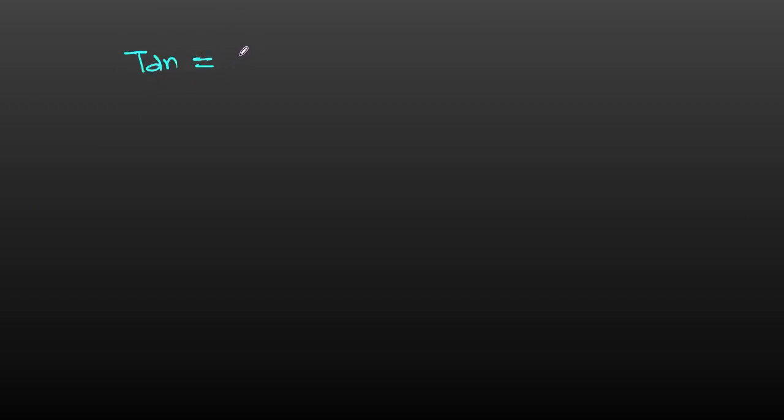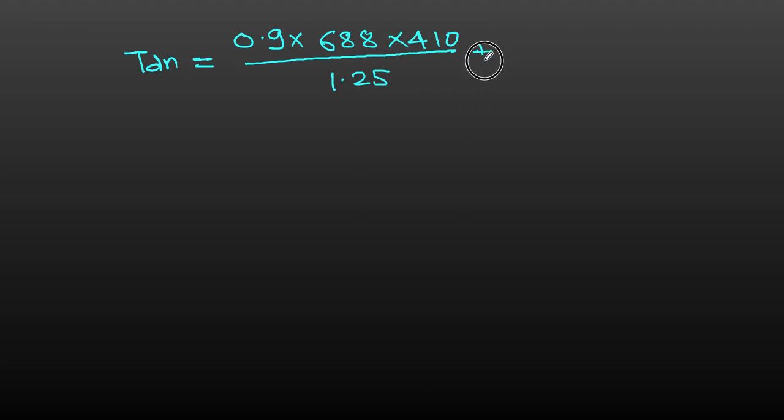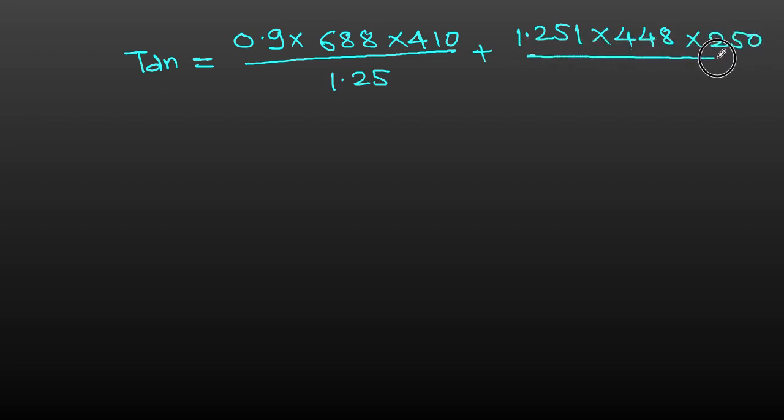So Tdn is equal to 0.9 into Anc, which we have already calculated as 688, into 410, that is Fu, divided by gamma M1 of 1.25, plus beta, that is 1.251, into Ago, which comes out to be 448, and Fy is 250 Newton per mm square, divided by gamma M0, which is 1.1.